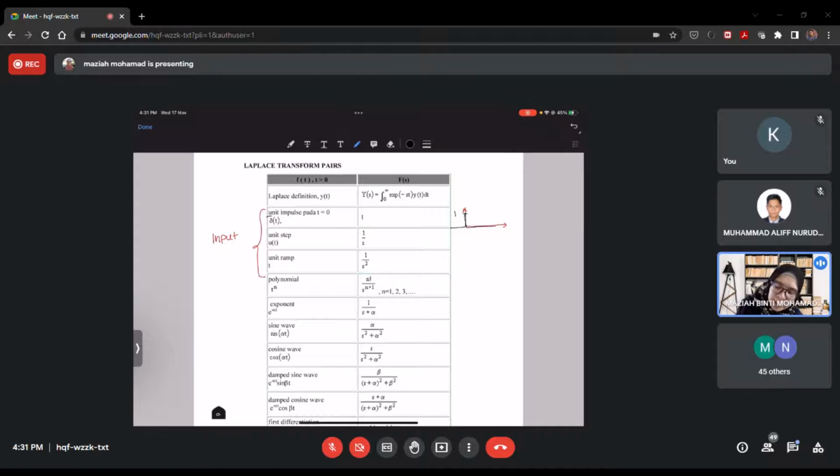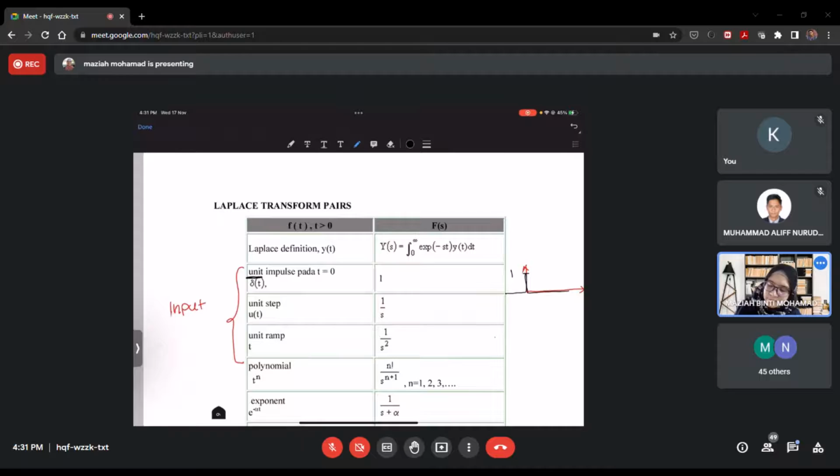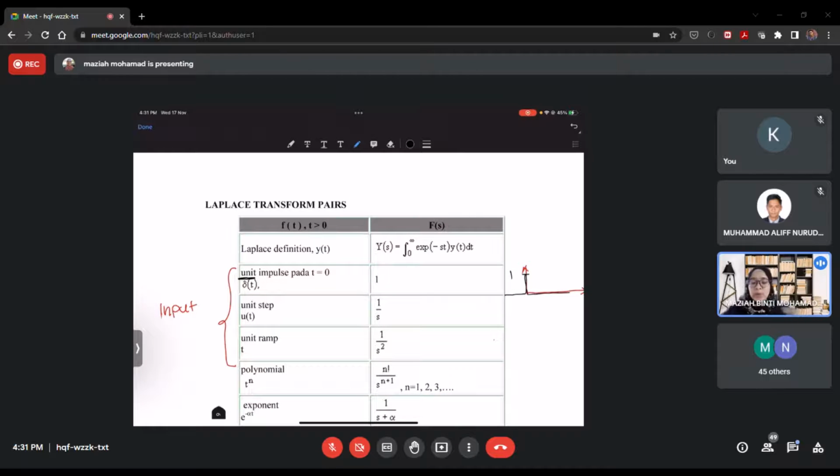Because it mentions unit impulse, so I know the unit is 1. So in Laplace you apply 1. In time function the value is 1 at t equal to 0, so in Laplace form, U(s) will equal 1.